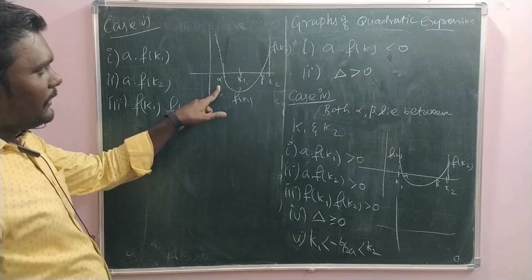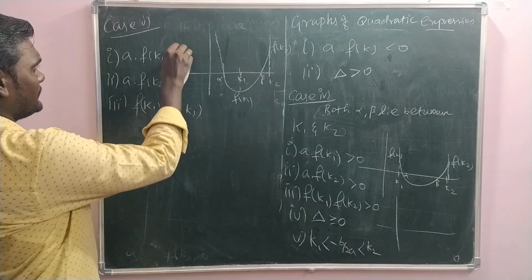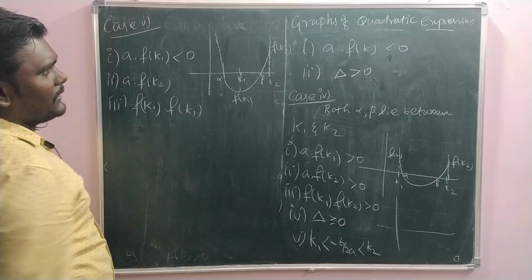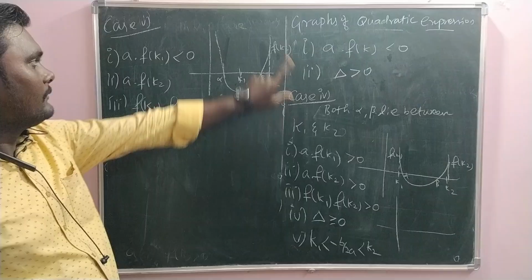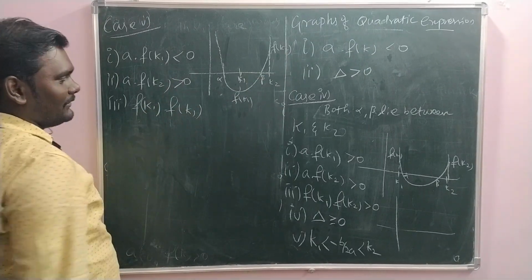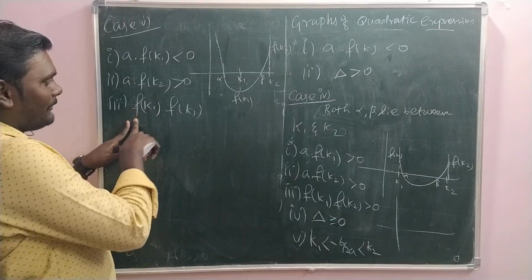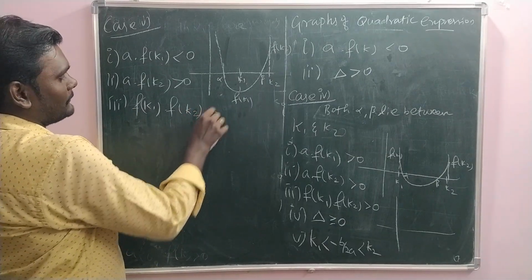See, a into f of k1, which is negative, a is positive, so it is less than 0. A is positive, f of k1 is what? Negative. And f of k1 into f of k2, one is positive, the other one is negative.